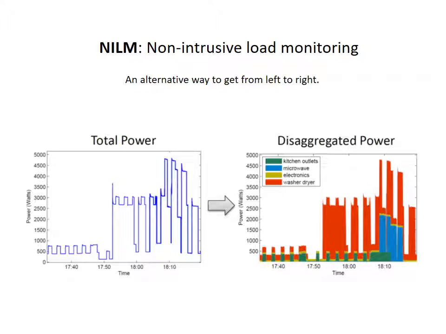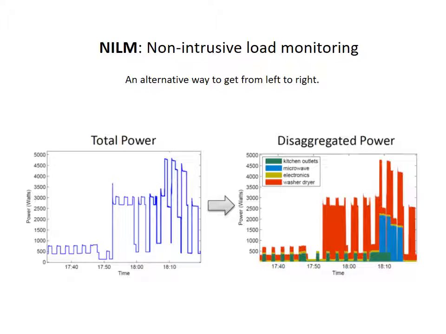Okay, so all of this has served as an introduction to what's called non-intrusive load monitoring. This is an alternative way to get from the signal on the left, which is the output from a traditional smart meter, which is a two-way information device.